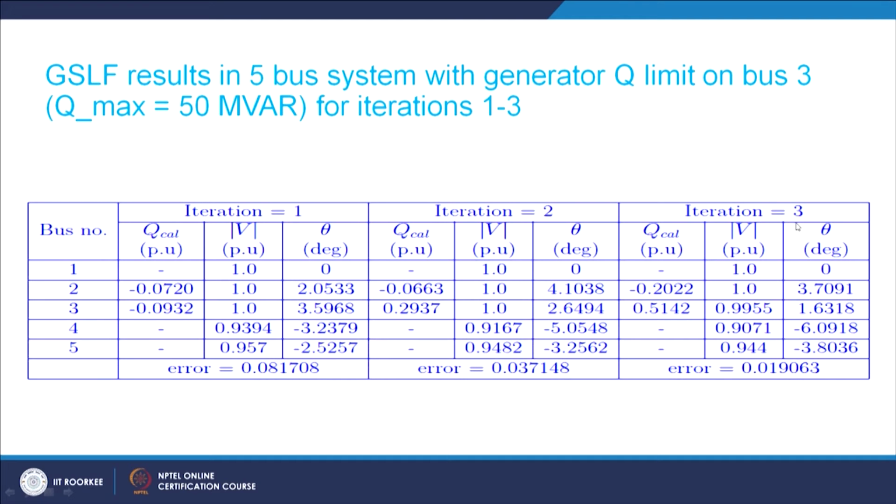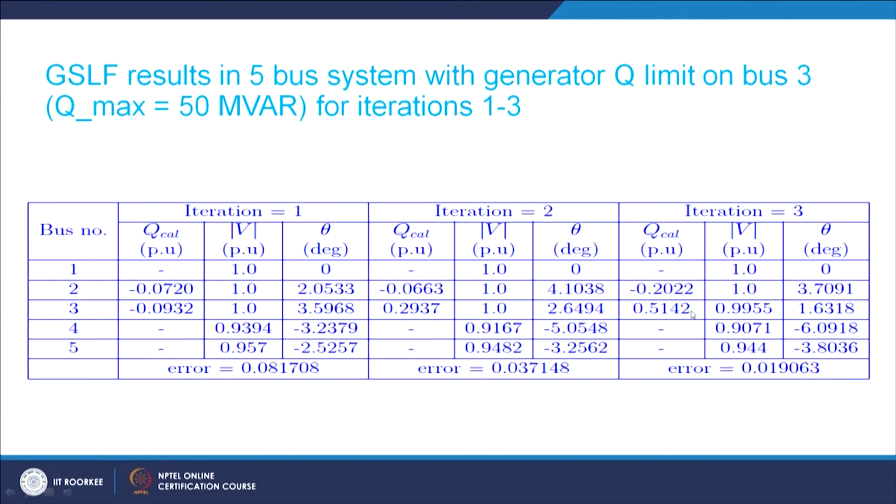At iteration 3, the calculated reactive power at bus 3 becomes 0.5142 per unit, but my limit is 0.5 per unit. So this is exceeding: Q cal is more than Q max. Because it is exceeding, this generator won't be able to supply 0.5142.